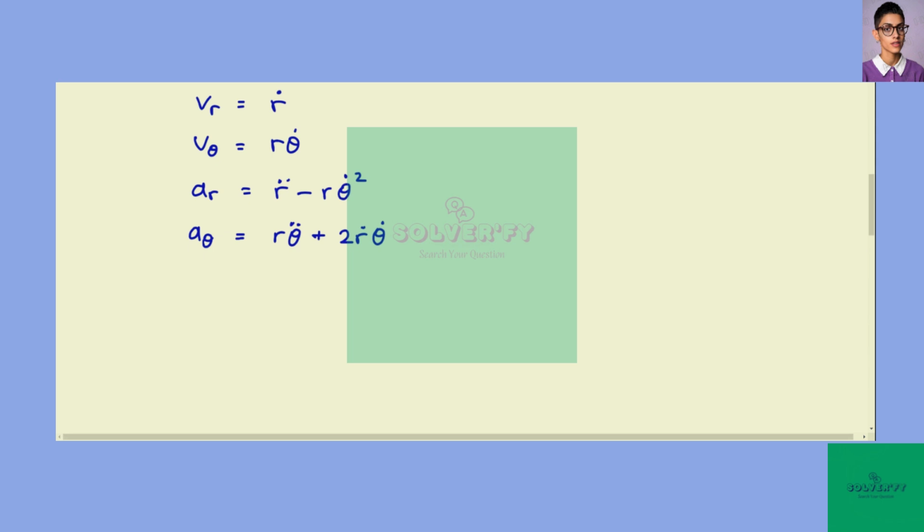At t equals 1 second, theta dot is equal to e to the 0.5 t square at t equals 1, so e to the 0.5, which is 1.649 radians per second.